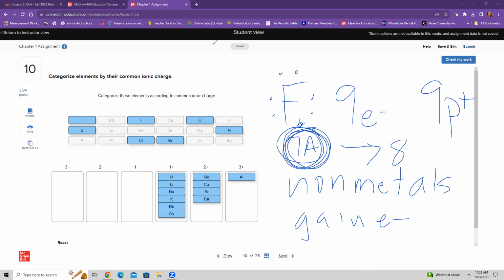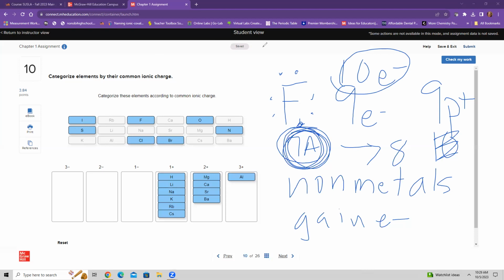So what they want to do is gain 1. So plus 1 more is 10 electrons. Now, if you subtract those two, you can see that's a negative charge. So the negative charge is for anybody that's in group 7.